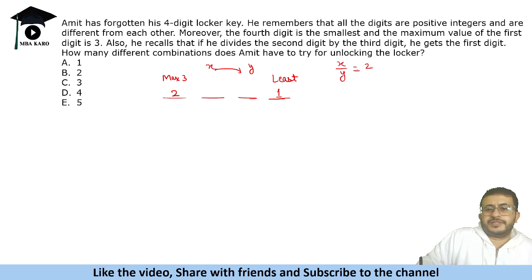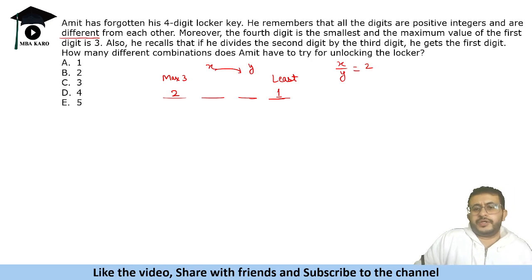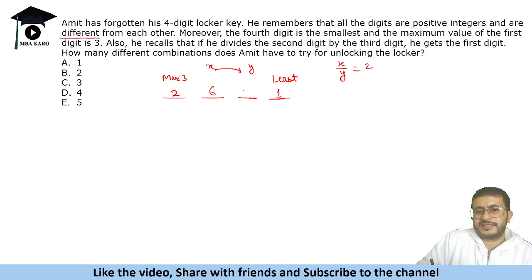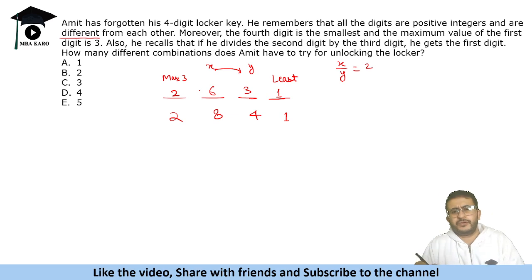So x upon y is equal to 2 and they are different from each other. These are distinct digits. So how can a ratio of 2 be made? 2 and 1 are not possible, 4 and 2 are not possible, 6 and 3 are possible. Then we can have 8 and 4 also satisfying the conditions.